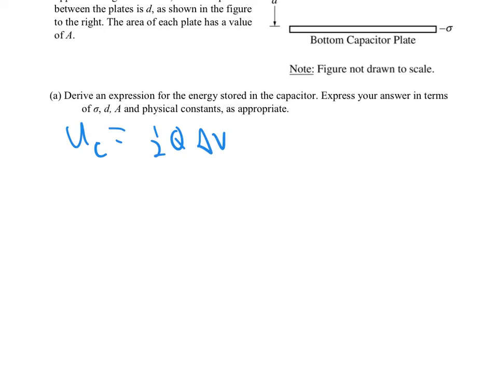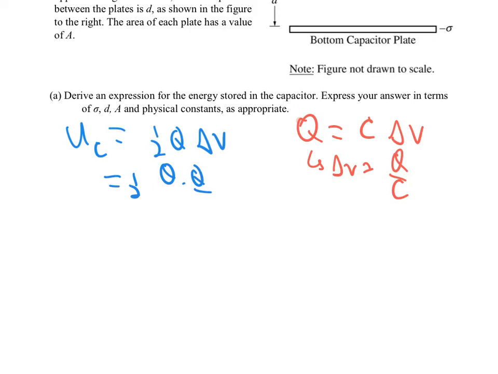But we also know that for a capacitor, the charge stored on it is the capacitance times its voltage difference. So we can turn this around and say the voltage difference, which was not given, is Q over C. And going back over here, then we have 1/2 Q times Q over C, or 1/2 Q squared over C.